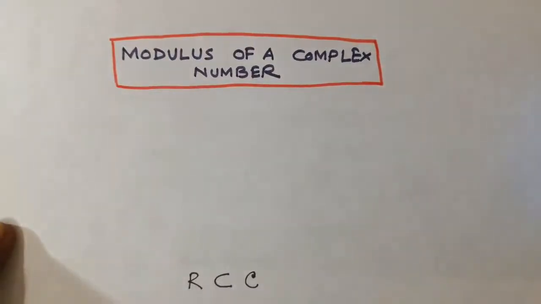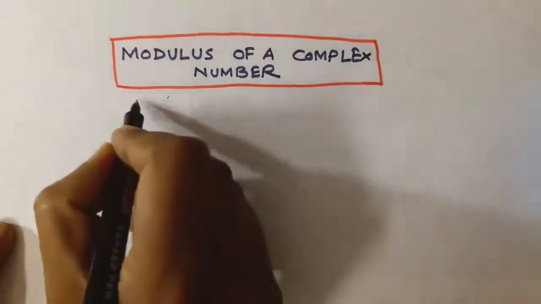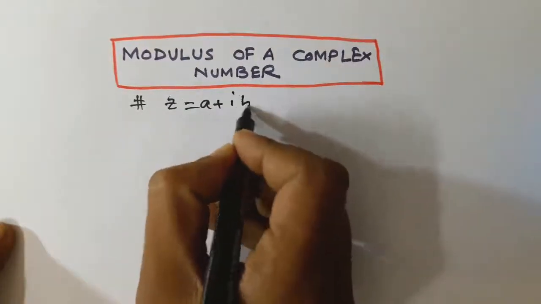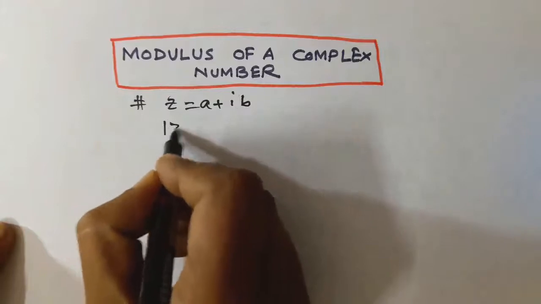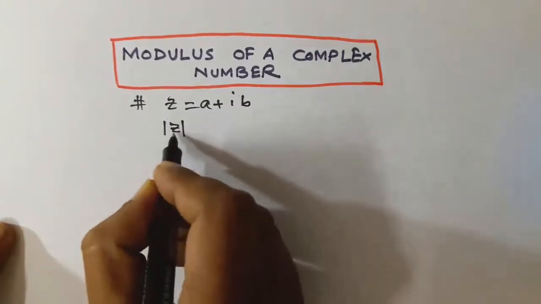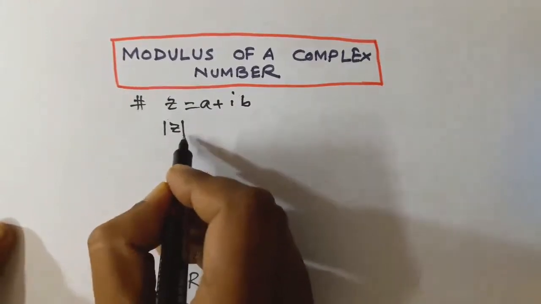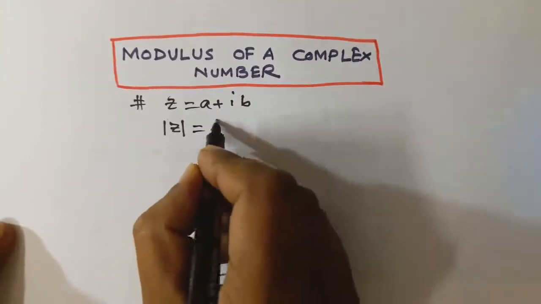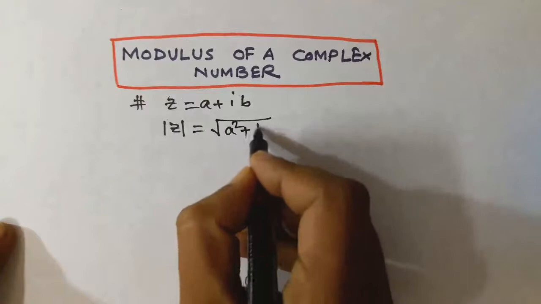Say the modulus of a complex number z is equal to a plus ib is denoted by modulus of z, that is, this z is written in between two parallel lines, and is equal to root over of a square plus b square.